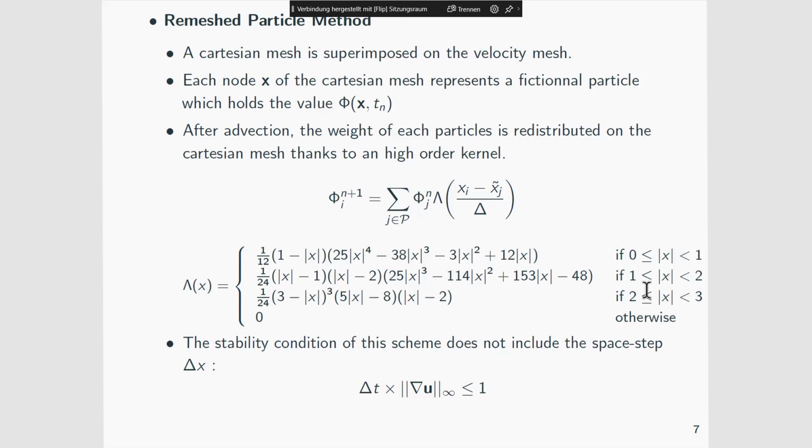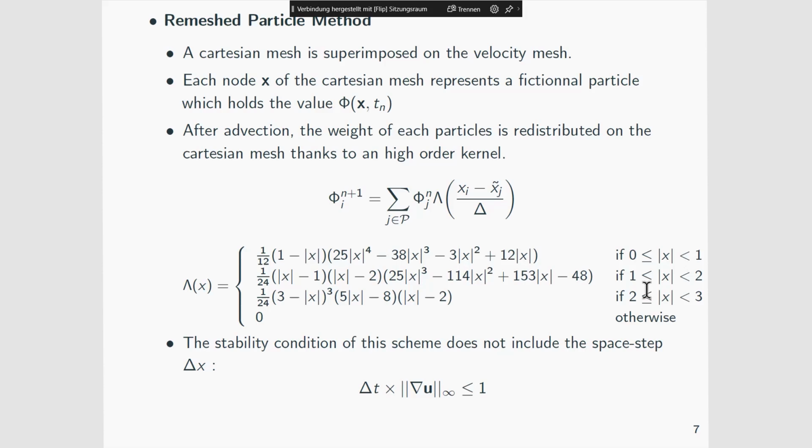This formula is not very interesting to remember. The thing is that this remeshing kernel has compact support, so numerically speaking, you can parallelize your method.